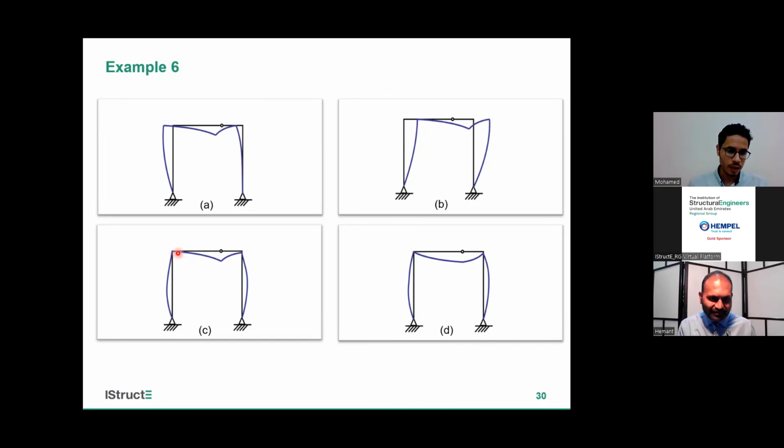Here, no movement happened, so this is also not correct. And I don't have any condition here to say that any X direction movement will be fixed. Here's also the same case. And also here, if you look at this point, which is the intermediate hinge, you will find it's almost the same in slope. So also this is not correct. So our answer is this one.